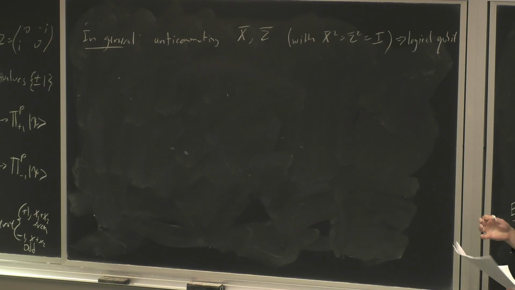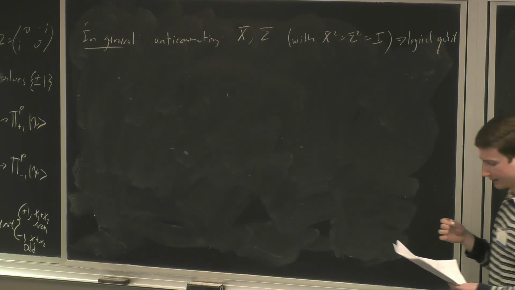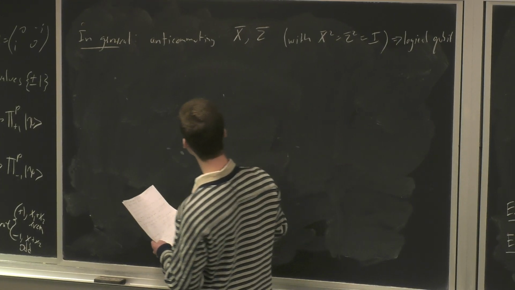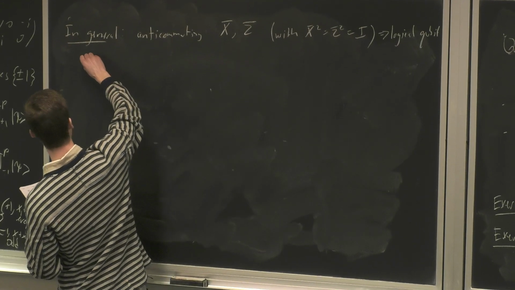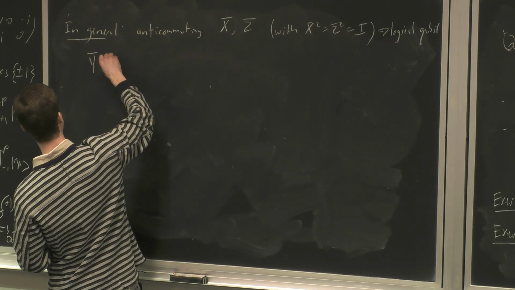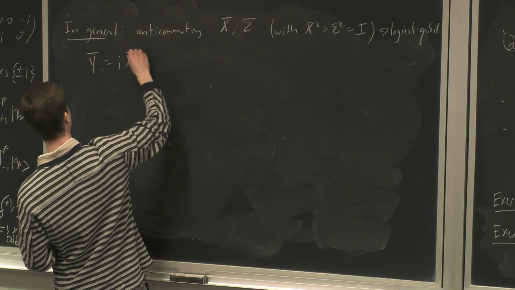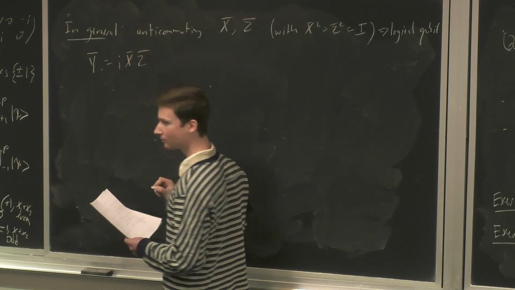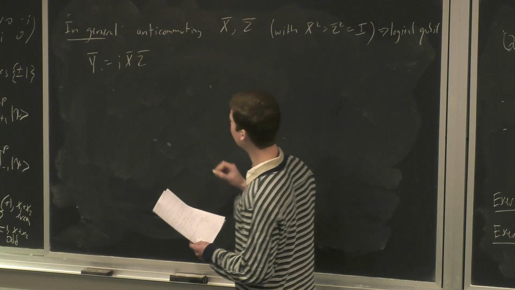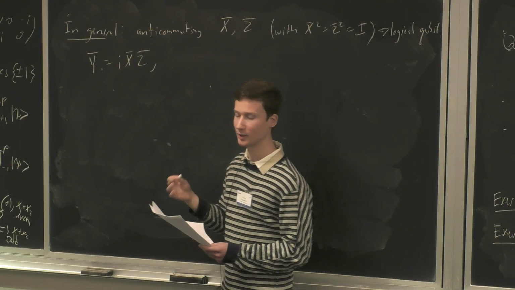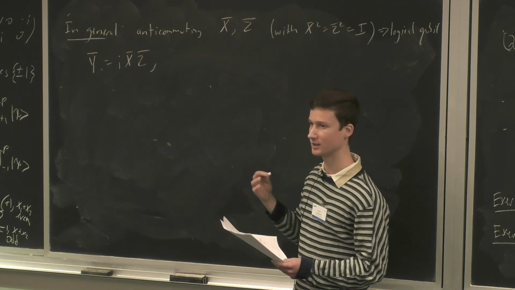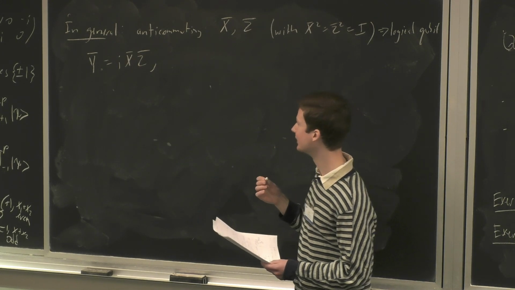Now, why is it sufficient to have a logical x and z operator? Essentially, we know that y is i times x times z. And then we also saw before that every single qubit operator, every 2x2 matrix, lies in the span of I, x, y, and z.